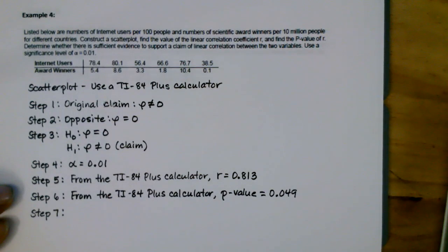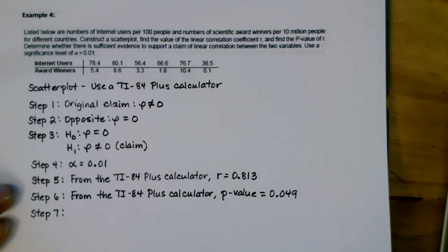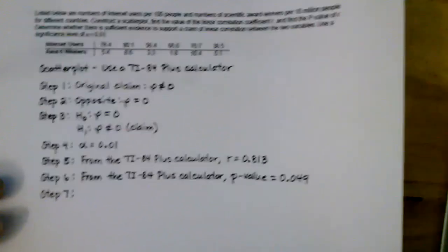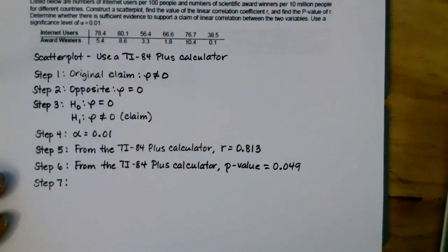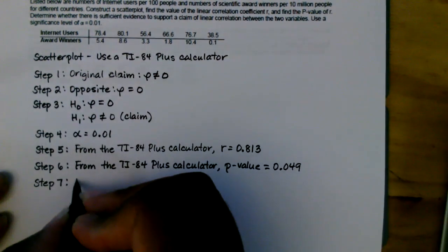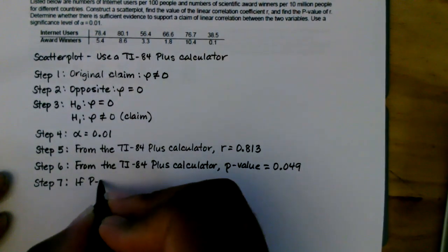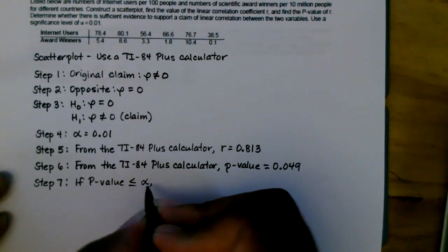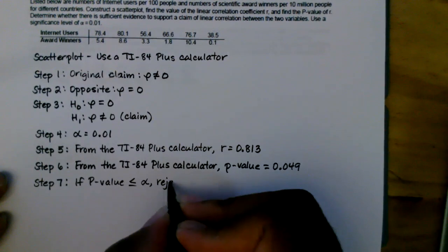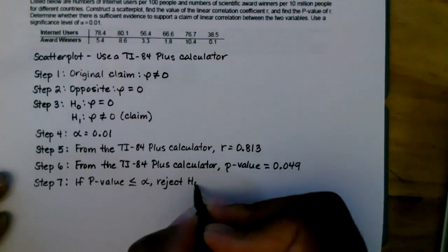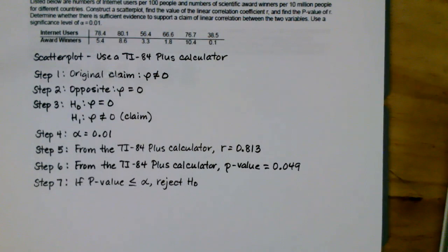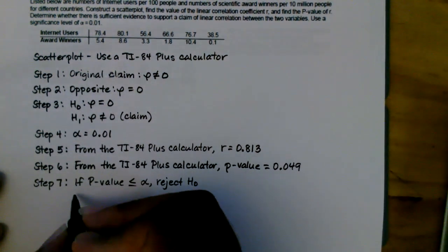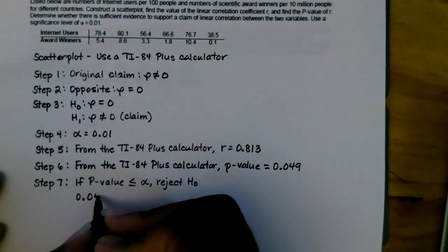So in step number 7, we have to compare the p-value with our level of significance to determine whether we need to reject the null or fail to reject the null. In this case, if your p-value is less than or equal to alpha, reject the null hypothesis. Otherwise, fail to reject the null hypothesis. Your p-value is 0.049.